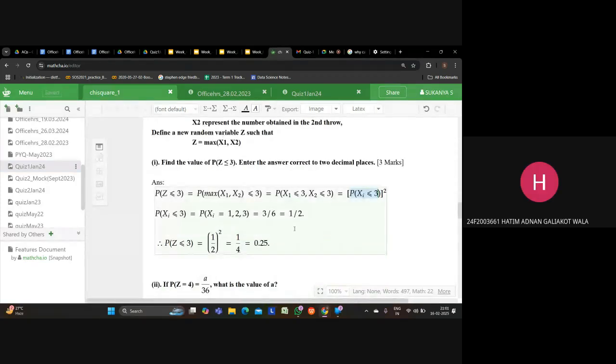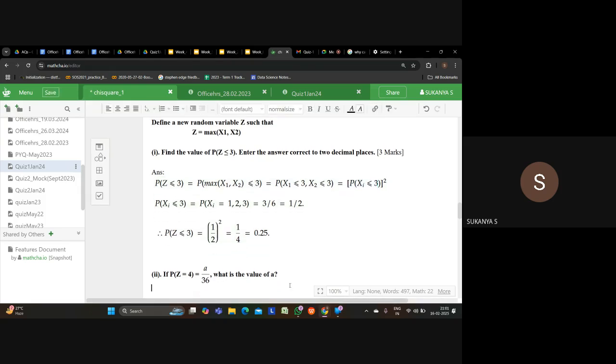Okay, now you can solve the second part. It says that probability of z equal to 4 is a by 36, and we need to find what a is. Basically, we want to find probability of z equal to 4. This is a discrete random variable. So how do you find probability of z equal to 4?